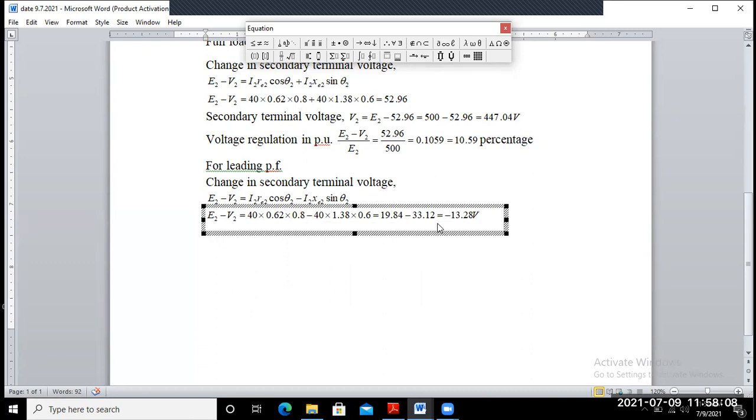Now just find out the secondary terminal voltage. From this equation, you may find V2 equal to E2 plus this 13.28, if you move it to the left side.